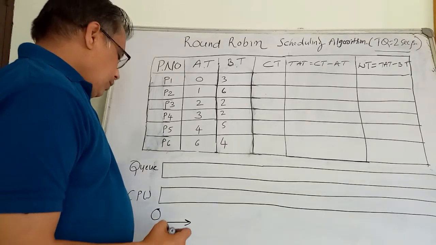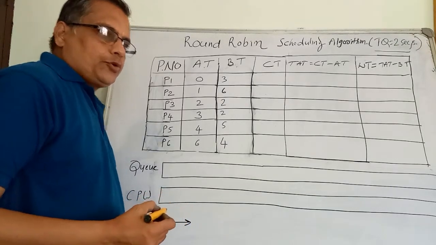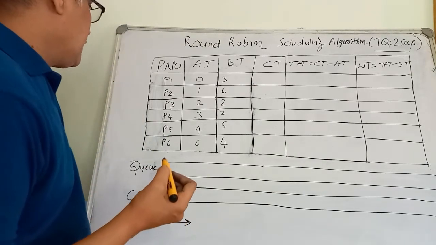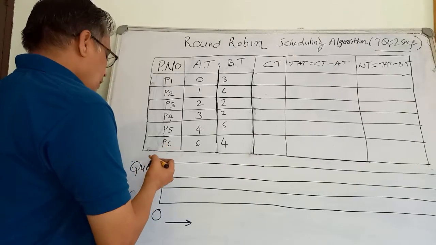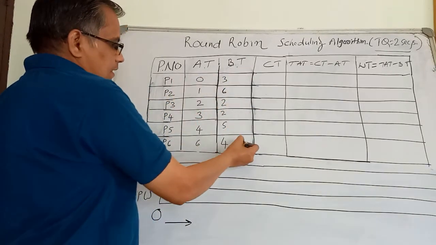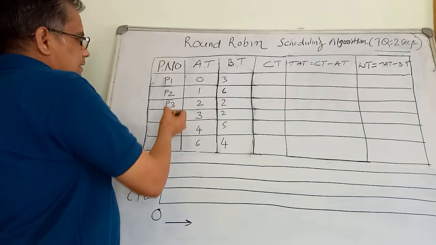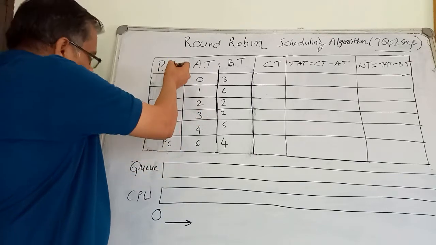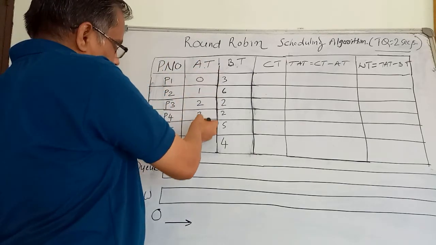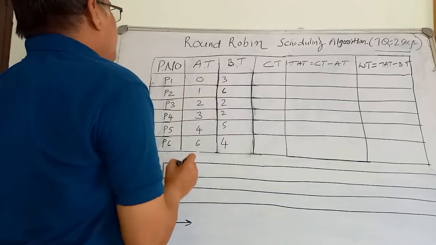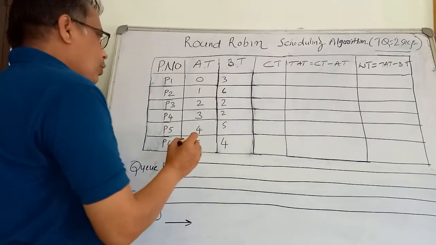Now the CPU is supposed to load the process in the queue, correct? As far as the table is concerned, in the first three columns you have to consider the process number, arrival time which is AT, and burst time which is BT.